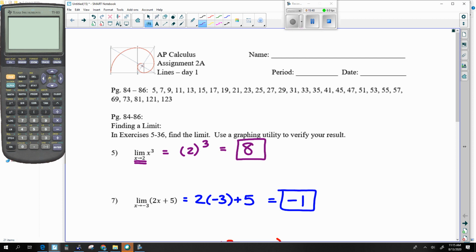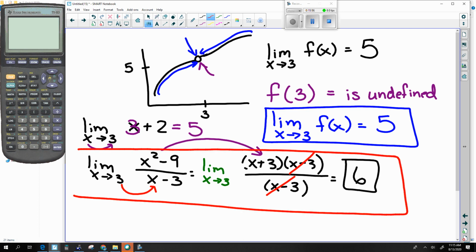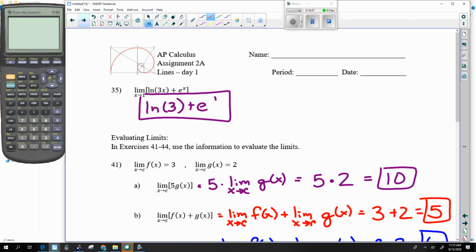Going back to my notes here, the idea is that you have to simplify before you're actually able to take the limit. That's what they're trying to teach you with these problems.